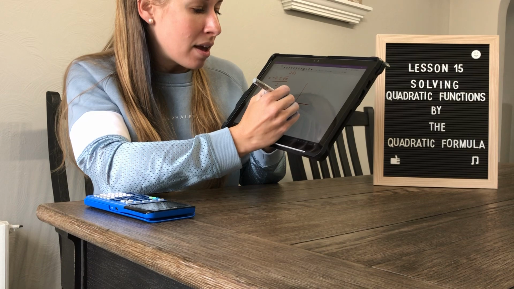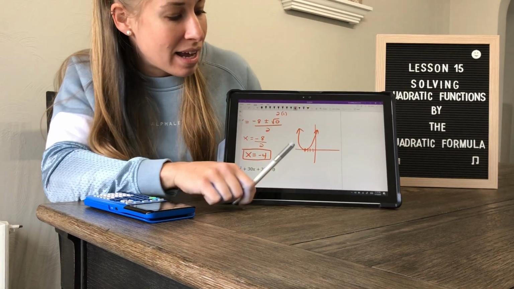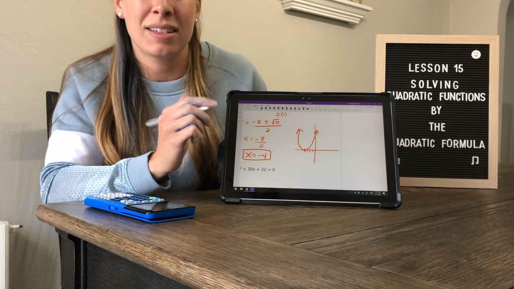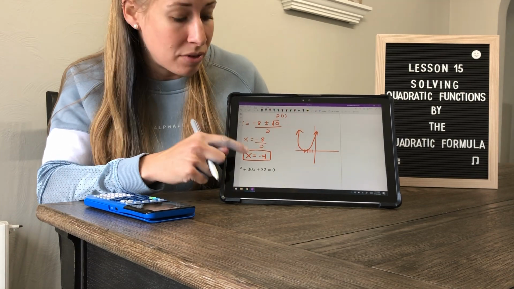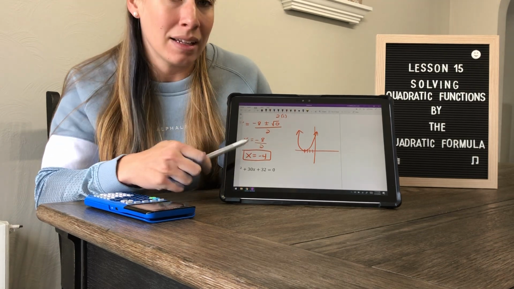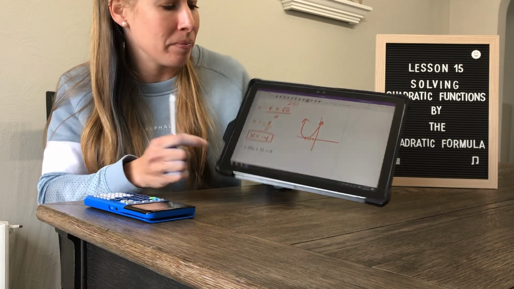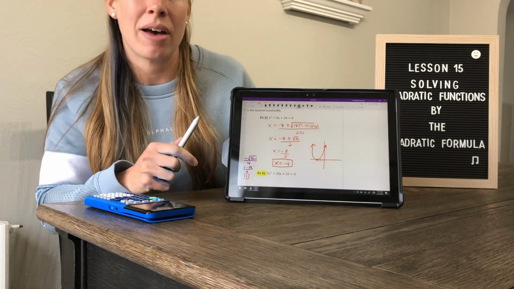Okay, and so then your parabola is sitting on the x-axis. The vertex is right there on the axis. So you only have one answer for x. This is just called a repeated root. Okay, so technically there are 2 answers, but it's repeated. It's the same value. Okay, so hopefully that one made sense there.